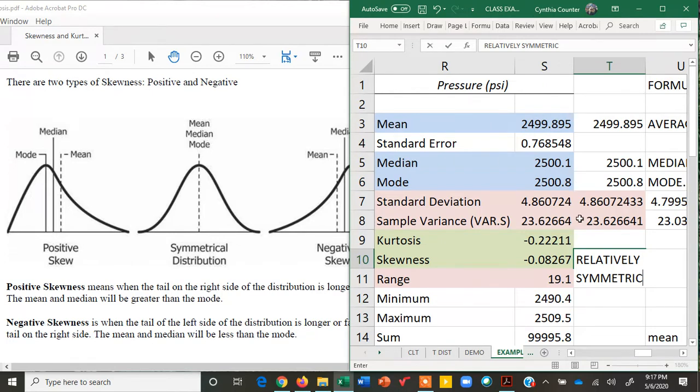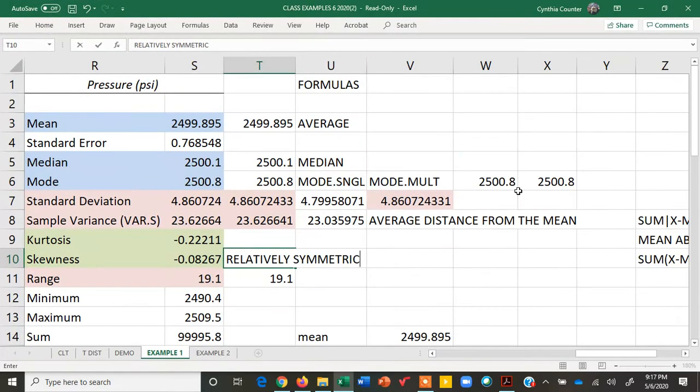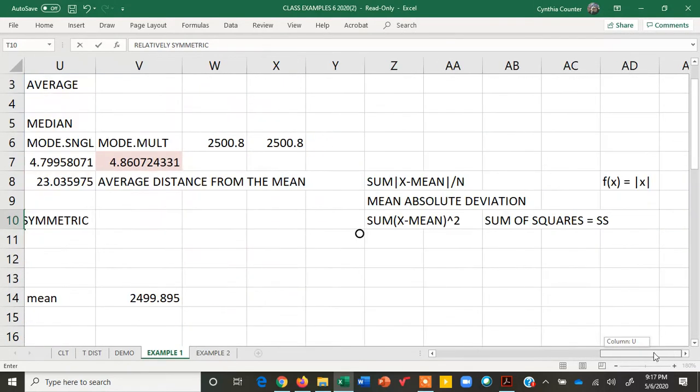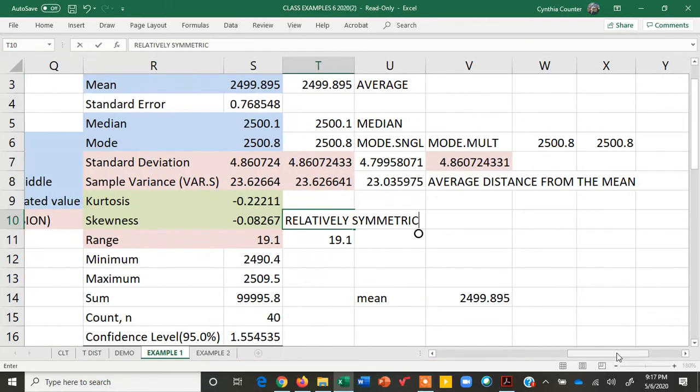And actually, the rule of thumb is that anything with the skewness between negative 0.5 and positive 0.5 would be considered relatively symmetric. Another thing is when it's relatively symmetric, your mean, your median, and your mode, in other words, all your measures of central tendency, will be close together.